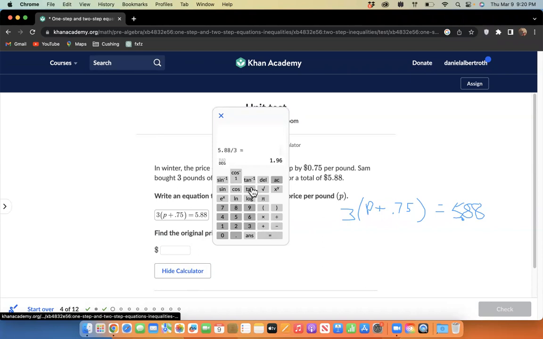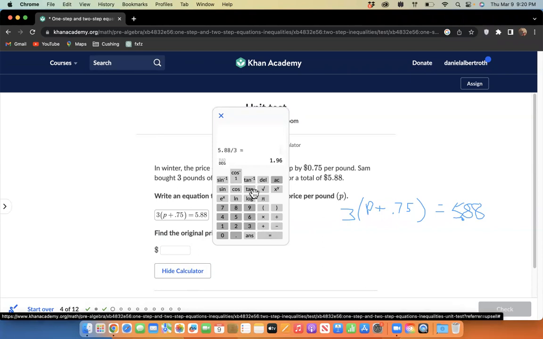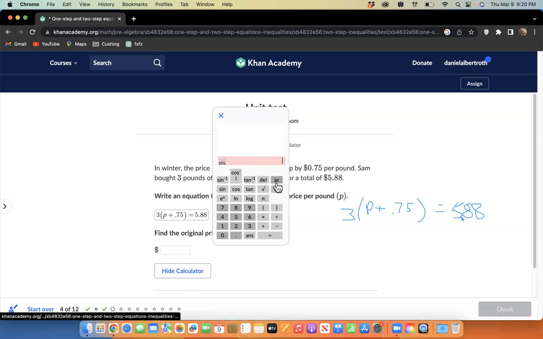That's going to be 1.96. So then I'm going to subtract 0.75 from both sides. So minus 0.75. It's going to give me, oh my goodness, let's clear. 1.96 minus 0.75. Is it because it doesn't have a 0? I think it doesn't like that it doesn't have a 0.